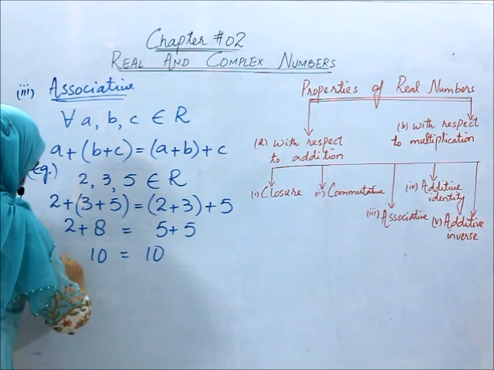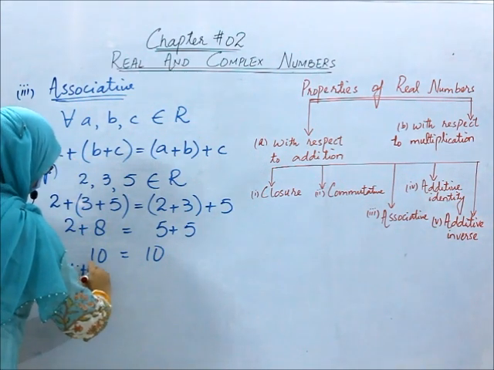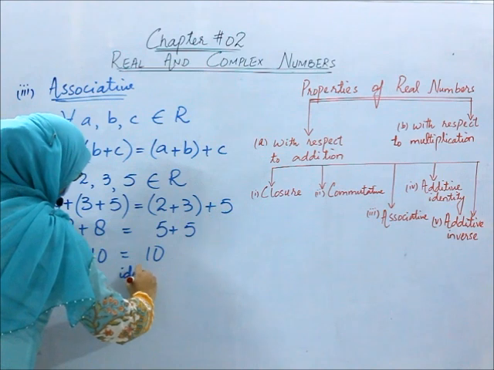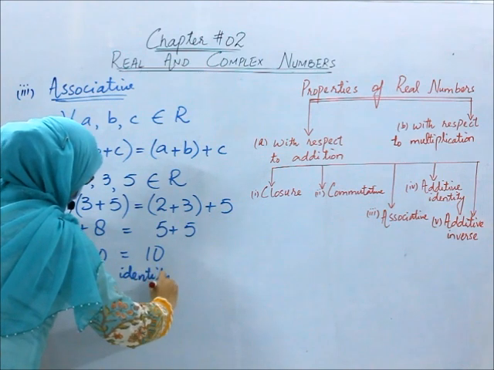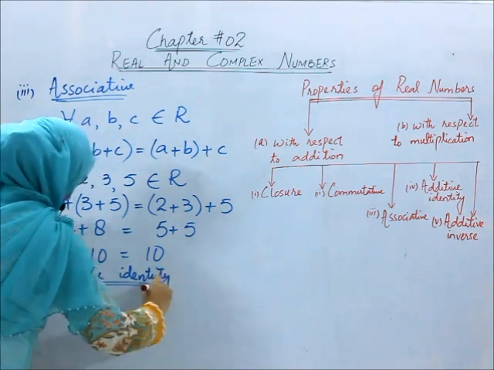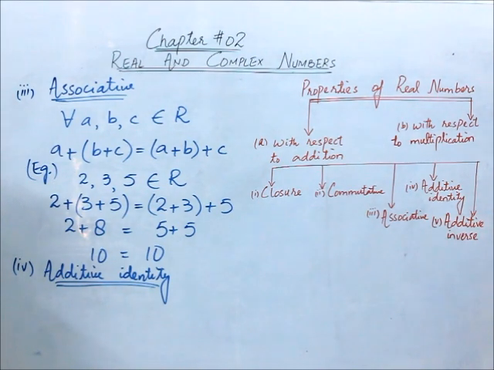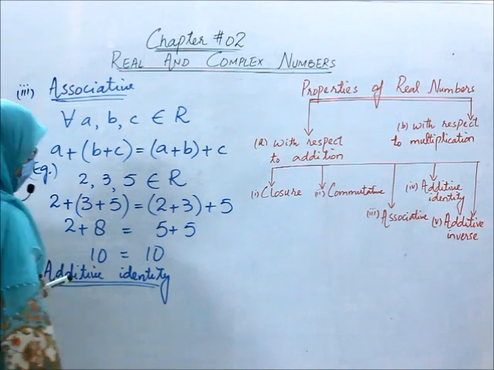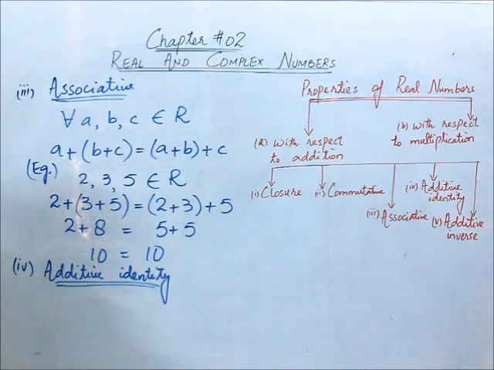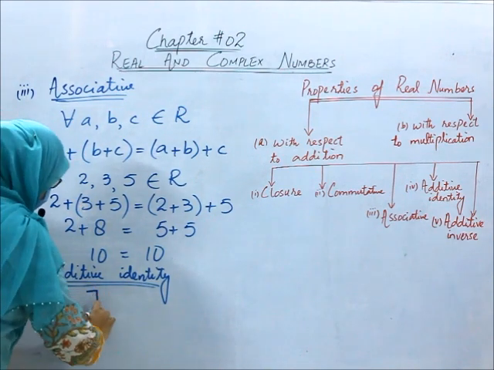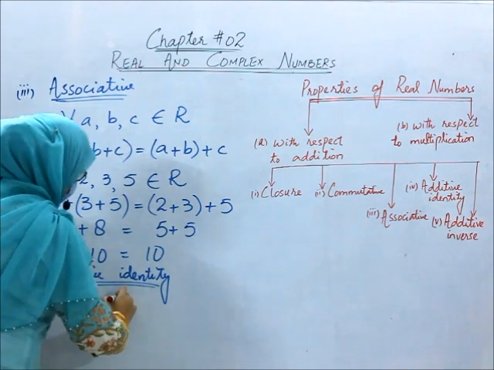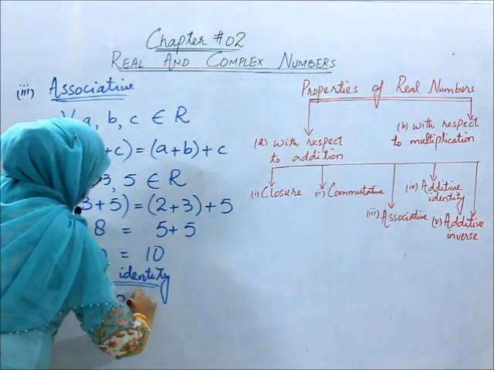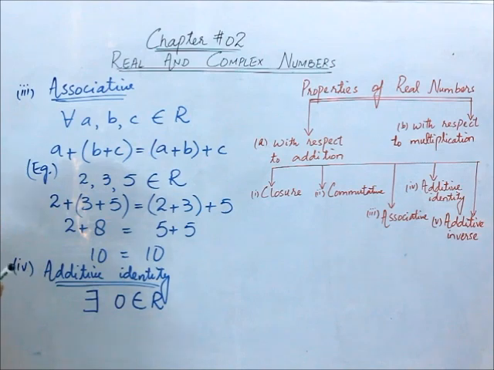The fourth property is the additive identity. Additive identity says there exists a unique element 0, which when added to some number will not affect its identity. That is, this sign is for there exists. There exists a unique number 0 in the set of real numbers.